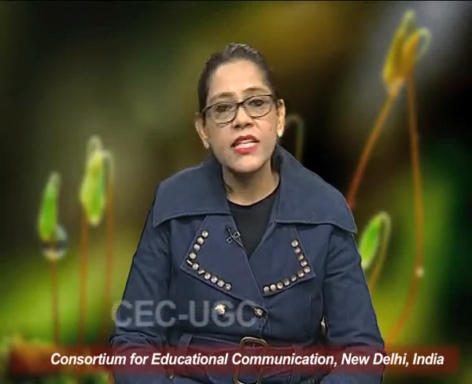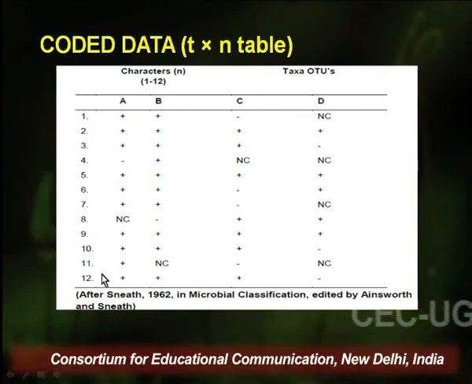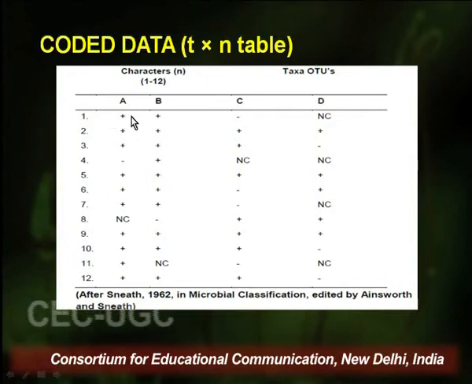The next step in numerical taxonomy is entirely dependent on the data matrix. The information is presented as a t by n table or data matrix consisting of OTUs scored for n characters. This slide shows the coded data in the form of a t by n table, where on the left side you can see the numbers 1 to 12, which are the characters, and on this side you can see A, B, C, D, the 4 taxa.